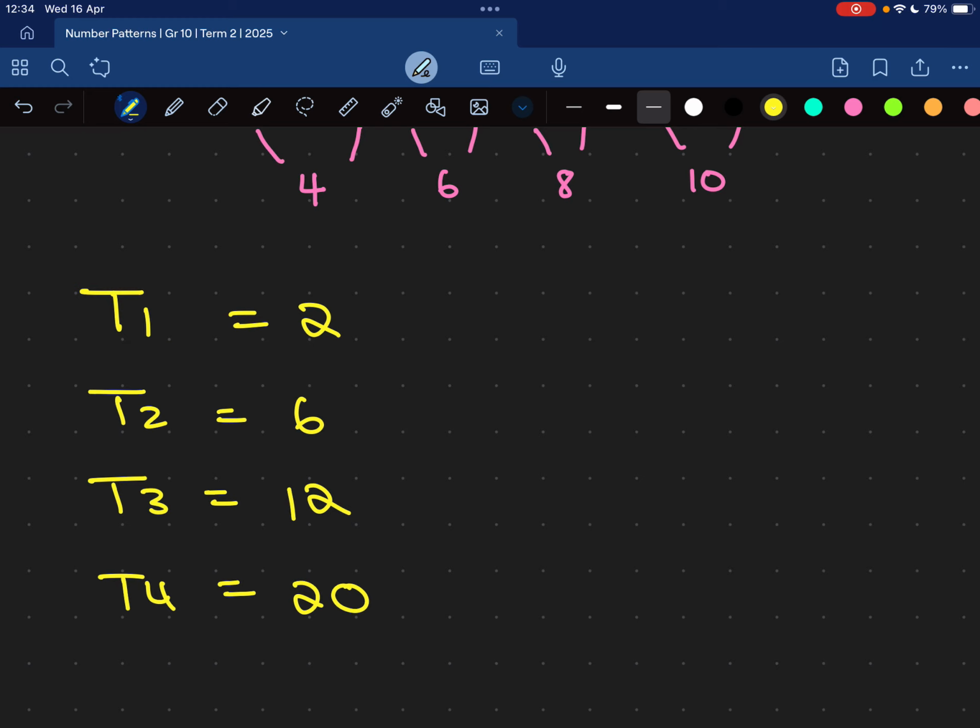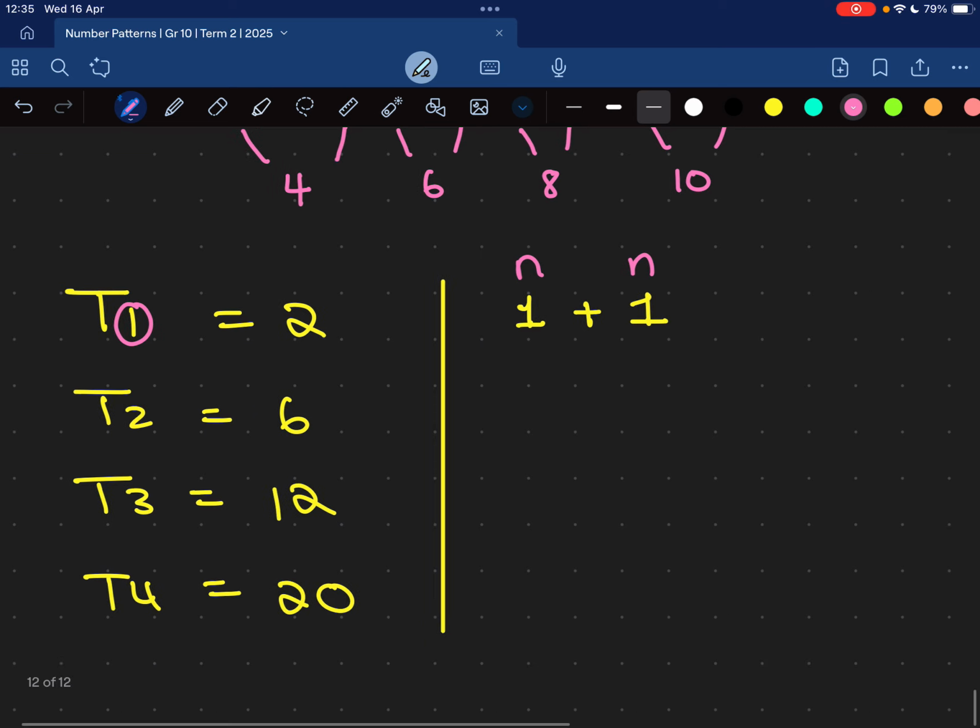Okay, but notice that if I said that this is technically the same as 1 plus 1, and let's for a moment think, okay, well, what if this is n plus n? But we just said that 2 plus 2 would not equal 6.